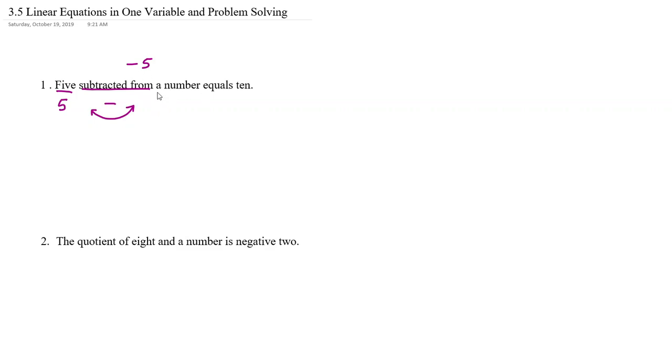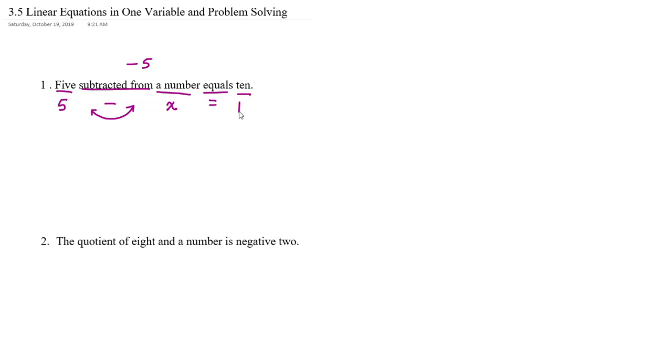So next phrase, a number. Now what number is that? Do you know what number that is? I don't know. What do we do when we don't know what the number is? A number that we don't know, we use a variable. So we could use x, we might use n, sometimes it'll tell us what to use. It doesn't in this case. Then equals, that's the equal sign.